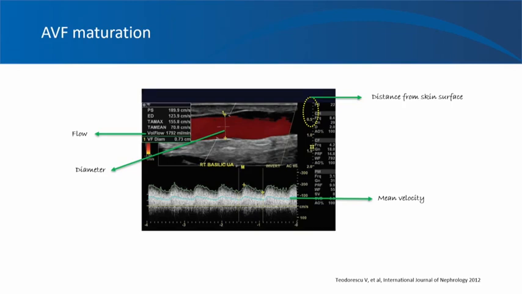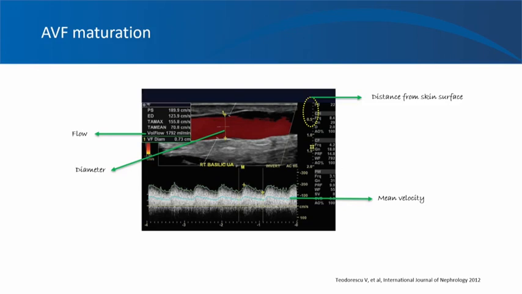So here is an example. This ultrasound of the arteriovenous fistula is of a recently created transposed basilic fistula. And the scale on the right of the image shows you that 5 millimeters length is superficial enough for easy cannulation here. So this is the distance from the skin surface to the outer wall of the fistula, that is less than 5 millimeters here, which is ideal.